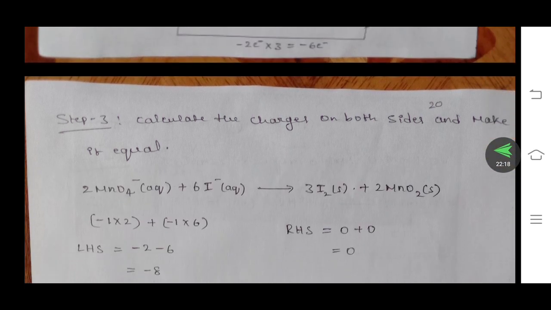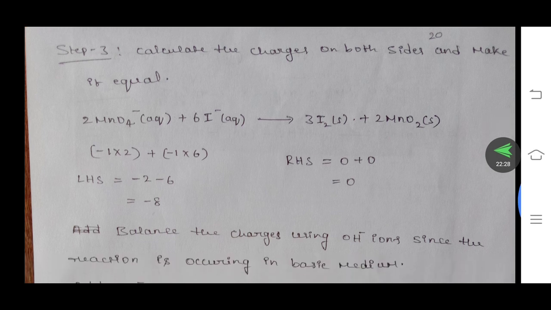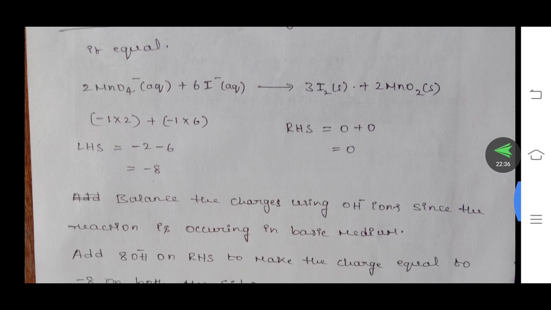Step 3, calculate the charges on both sides and make them equal. 2 MnO4 minus plus I minus gives 3I2 plus 2 MnO2. Now you check the charges.